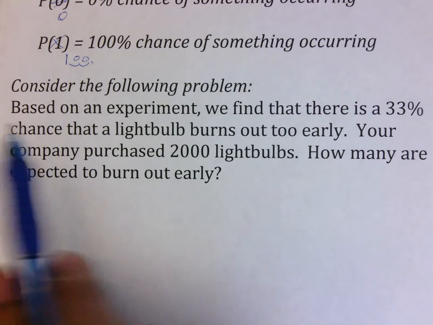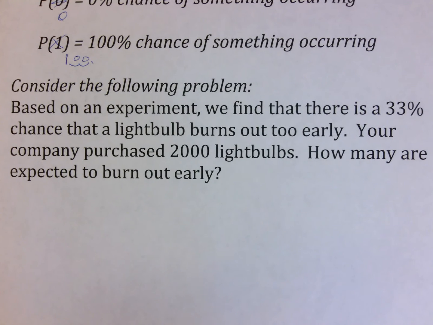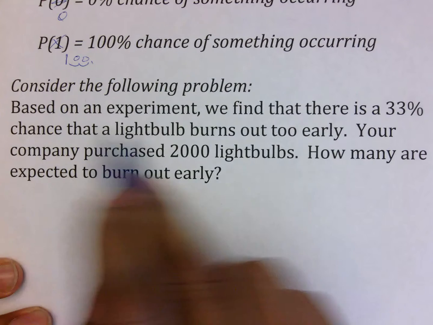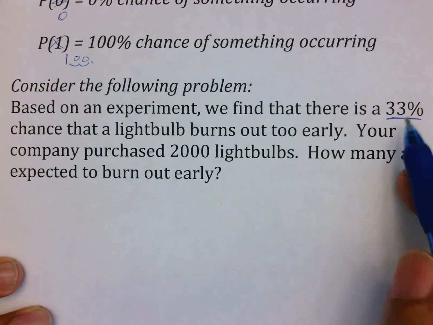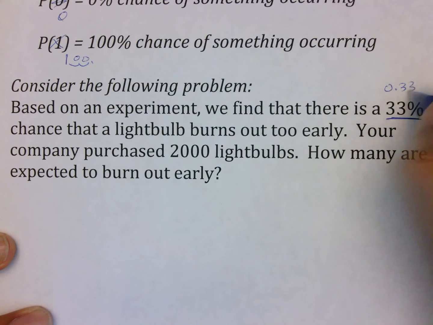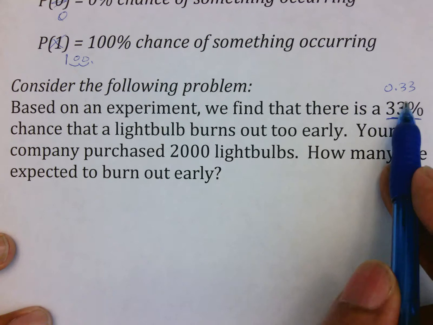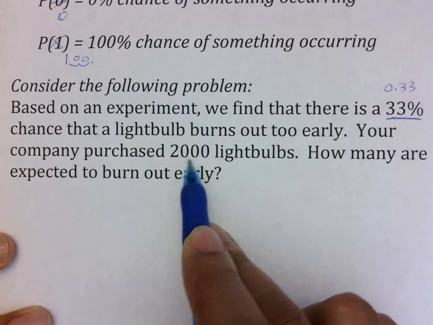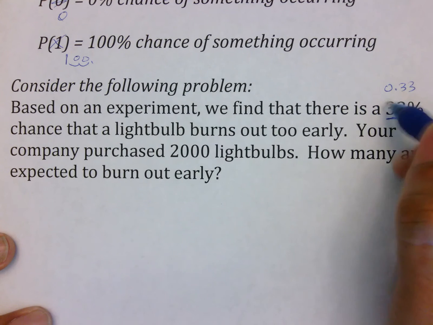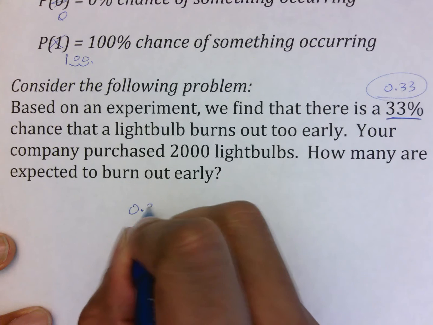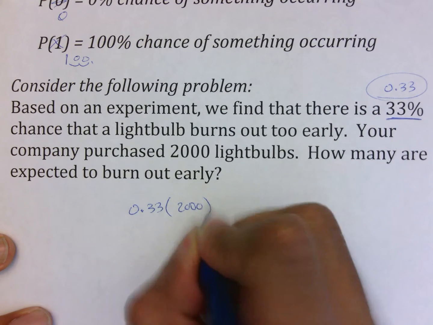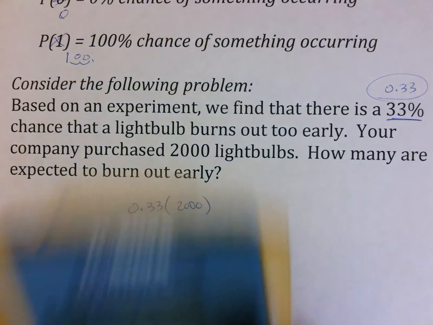So if you consider this problem based on the experiment, we found there's a 33% chance of a light bulb burning out too early. If your company purchased 2,000 light bulbs, how many are expected to burn out early? Again, this is your experimental probability of 33%, or as you might see, 0.33. Once you get that number, you can apply that number to your situation. With percentages you usually multiply, so you would do 0.33 times 2,000, and that would tell you what to expect.